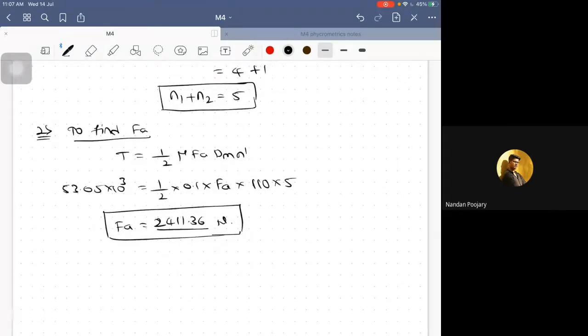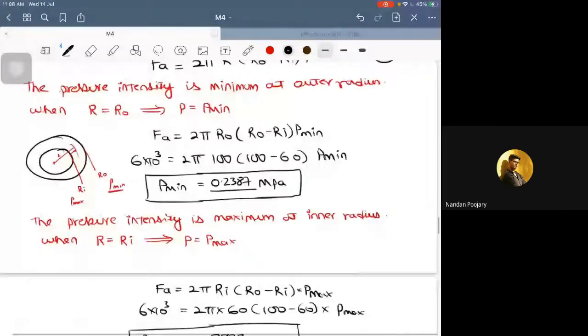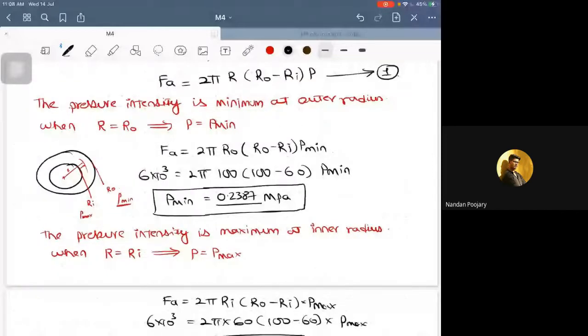Now, in order to calculate Pmax, we have already learned the formula. Third one, to calculate Pmax, I would take that particular formula from the previous problem, okay, which is this.